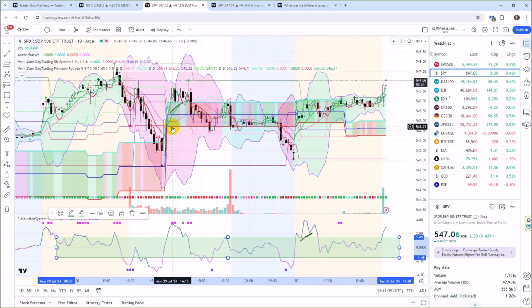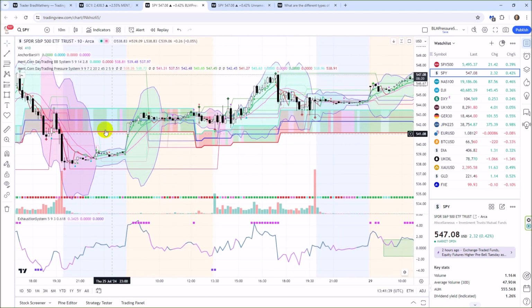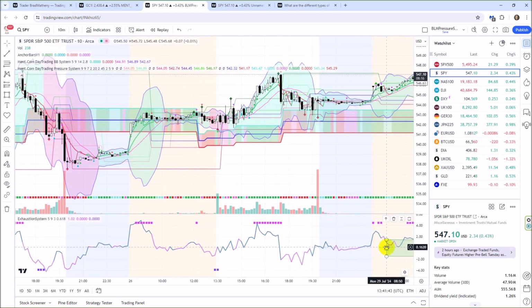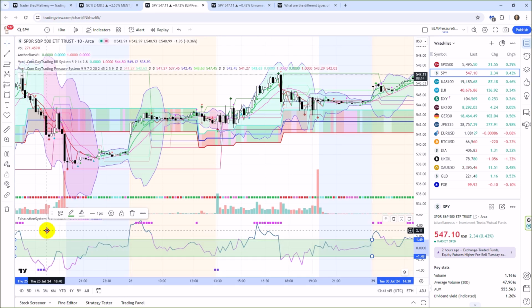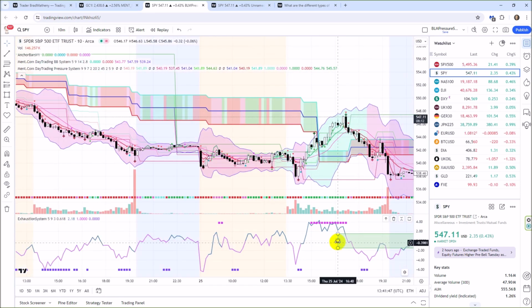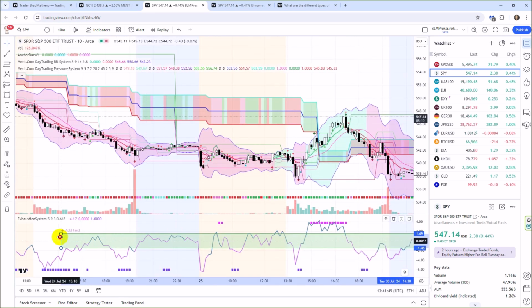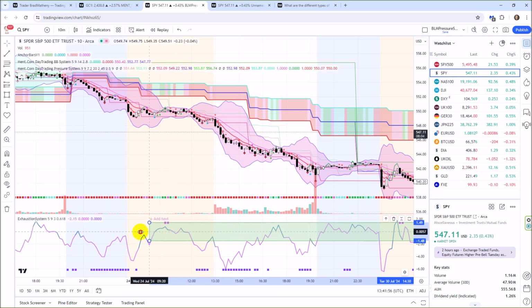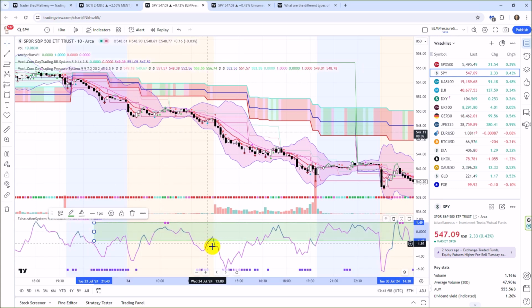You can see this is a 10-minute. We haven't had very solid trending. If I scroll back to where we do get very solid trending and drag my box back, you'll see very cleanly during the regular session, when we get solid trending, you're staying outside this range.